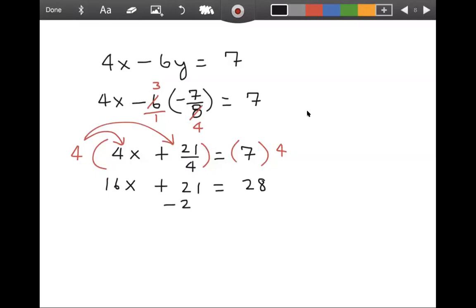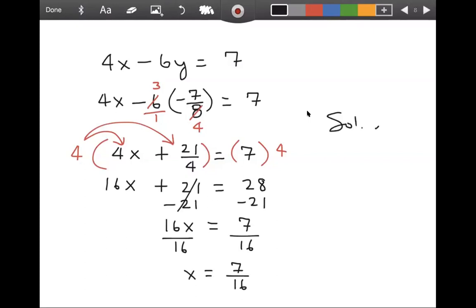So now I'll subtract 21 from both sides. That gives me 16x equals 7. Divide both sides by 16. I get x is 7/16. So it looks like the solution to this system is x is 7/16, y is -7/8.